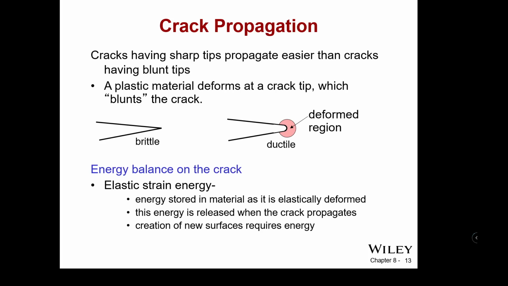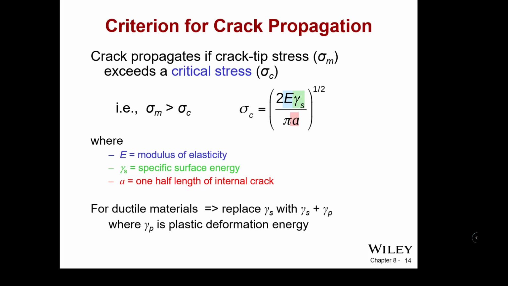But it has to create a new surface, and again, thinking back to the molecular level, you're making and breaking bonds, which requires the input of energy. So a crack doesn't just propagate on its own. There has to be some amount of energy, and that's the way these propagate in practice.